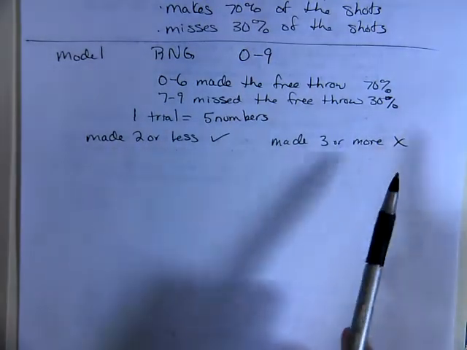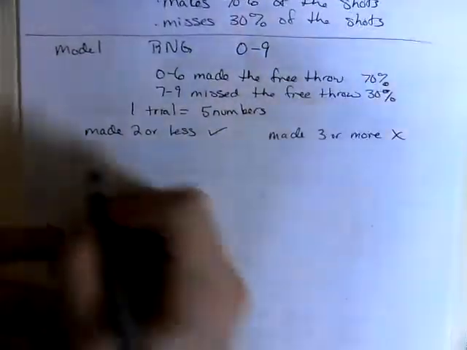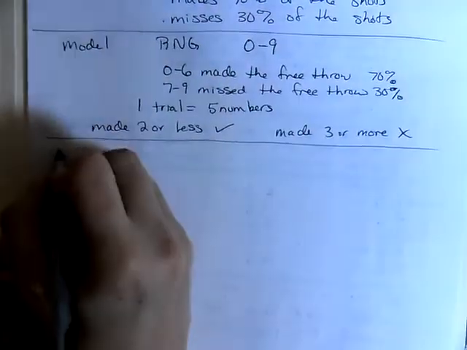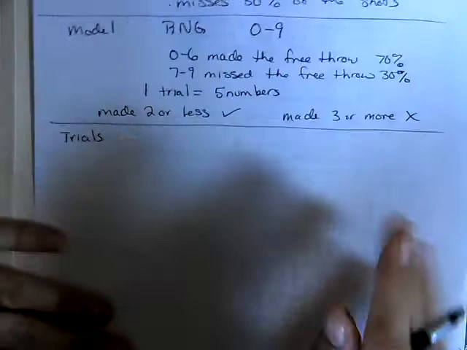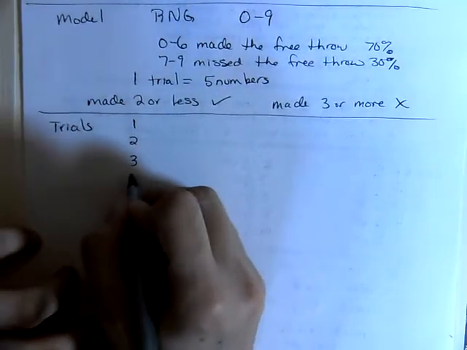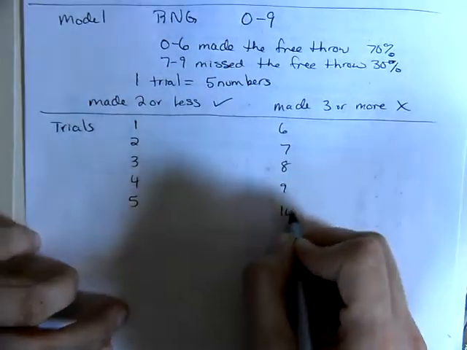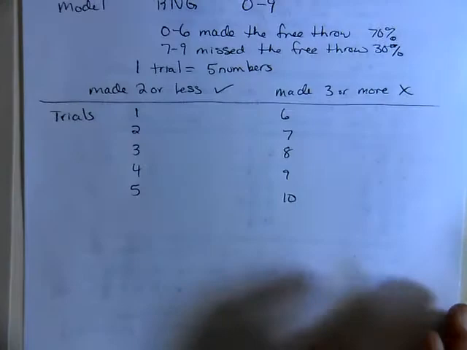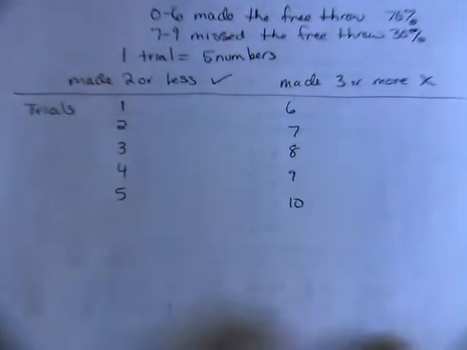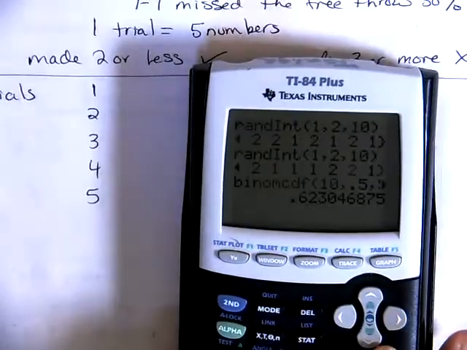So the more X's I get, that means that she was more nervous. The more checks I get, that means she was fine. Okay, so for my trials, again, I'm going to do 10. So 1, 2, 3, 4, 5, 6, 7, 8, 9, 10. Now, sometimes it's easier to write out the numbers, so this might take a little while. But again, I would have the students do this individually.